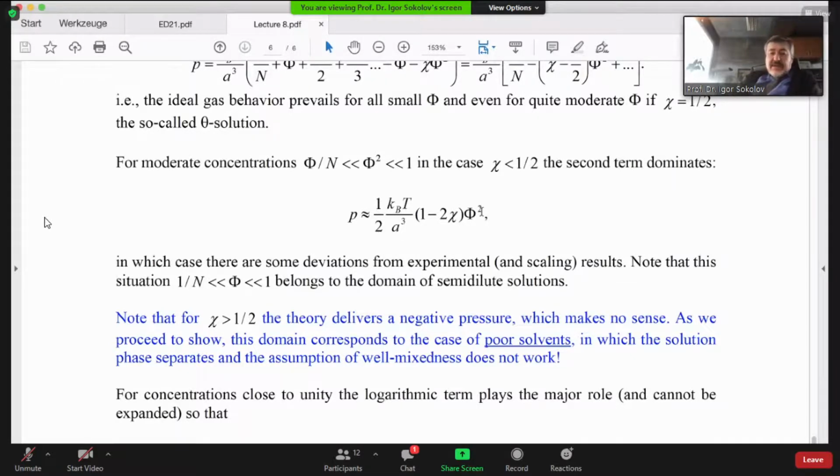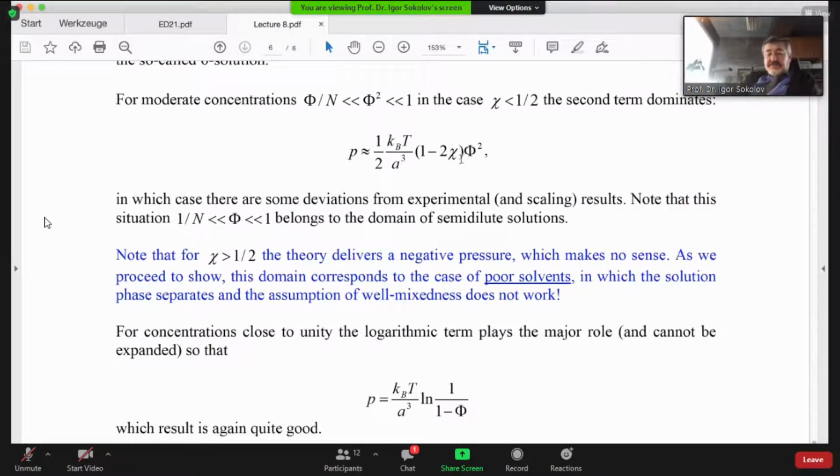Another thing which is interesting here is what happens if chi passes from below this magic value of 1/2 for a theta solution. If chi is smaller than 1/2, then the pressure is positive. And it's okay, we know that the pressure has to be positive.